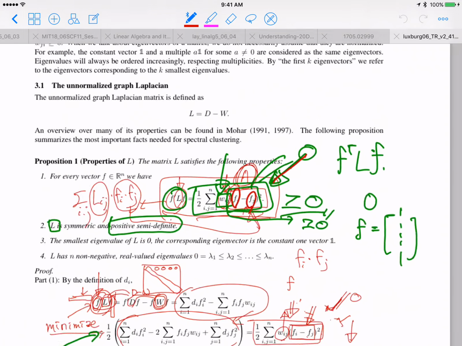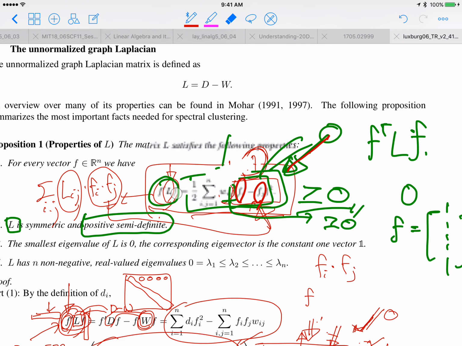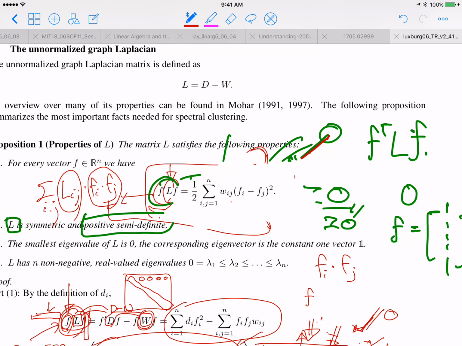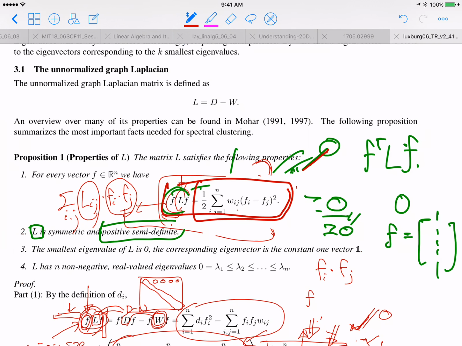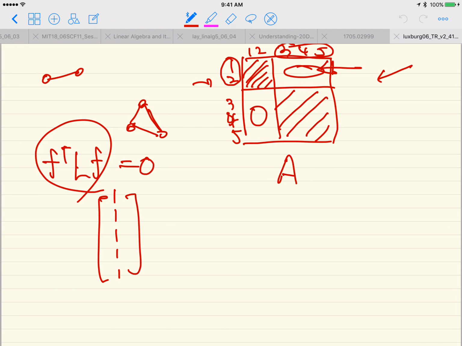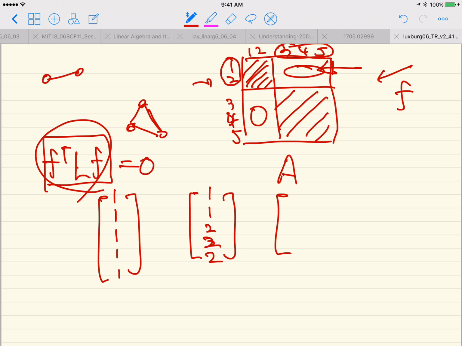Because we have this. And the other possible f that will still make this 0 can be this 1, 1, 2, 2, 2, or maybe 3, 3, minus 1, minus 1, minus 1.